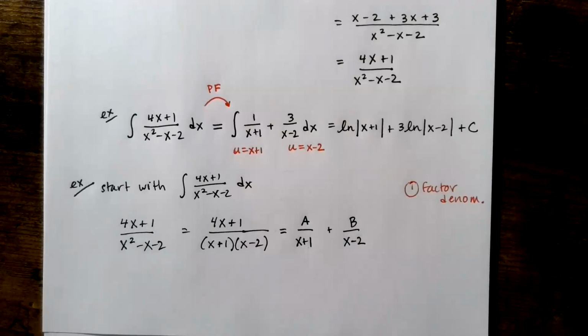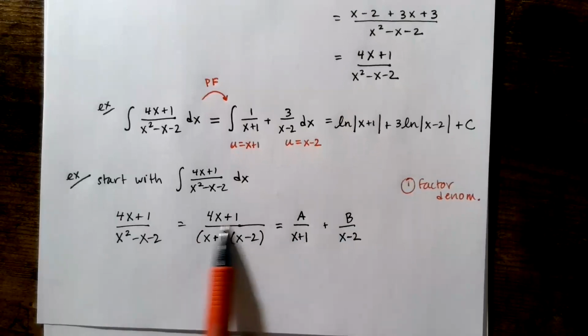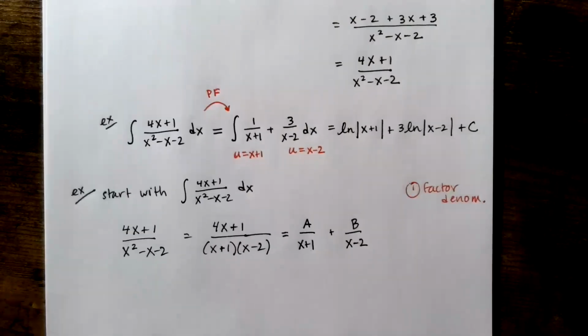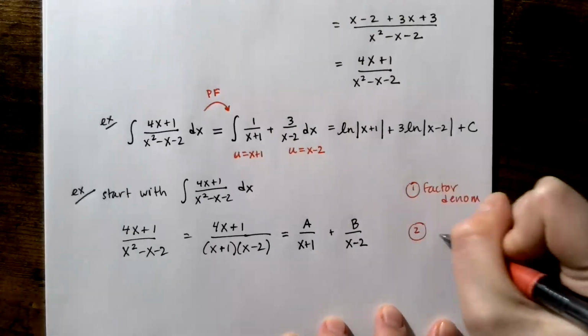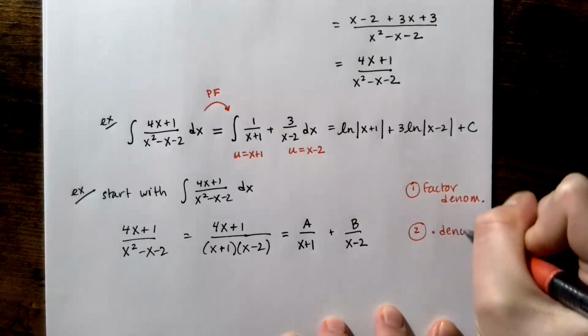So from here, we're going to treat this equals this as an equation and ignore this far left piece. To start solving for A and B, we're going to multiply both sides of this equation by this denominator right here. So both sides get times that common denominator.